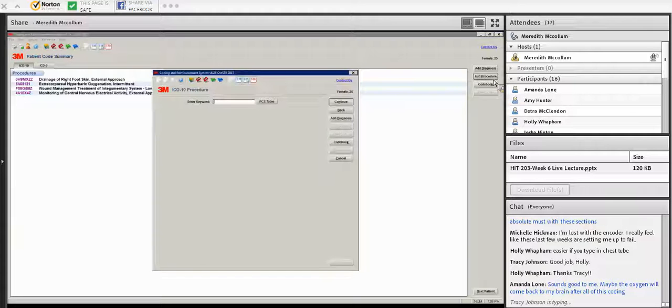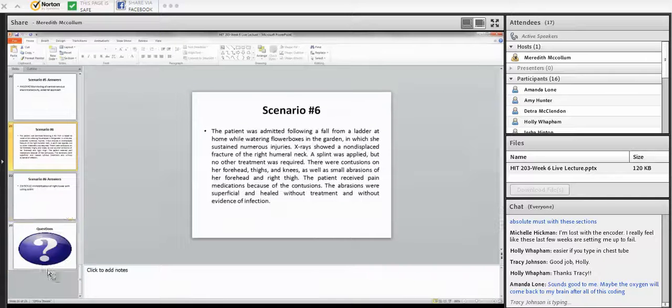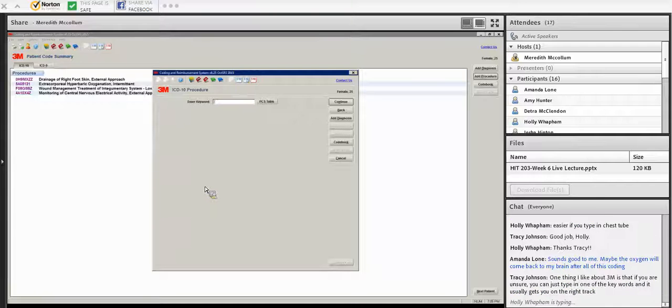And then the last one is: patient was admitted after a fall, X-ray, splint was applied, no other treatment. So they did a splint of the right humeral neck. Back to 3M. Yes, Tracy, you are correct.